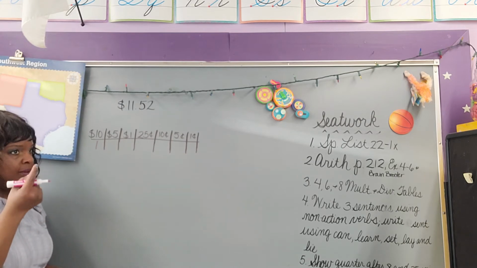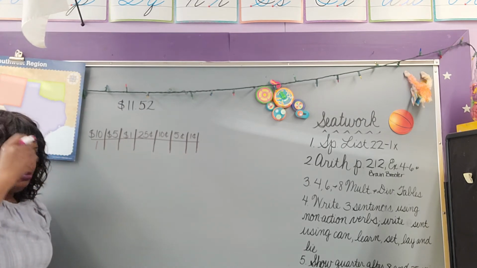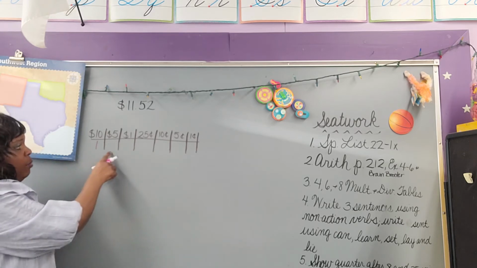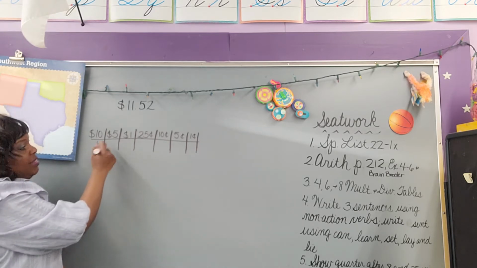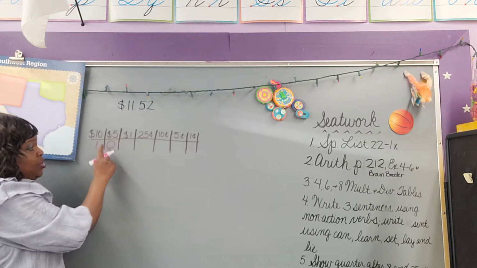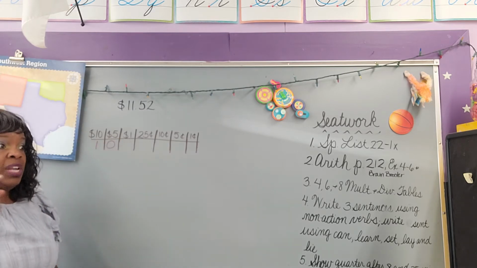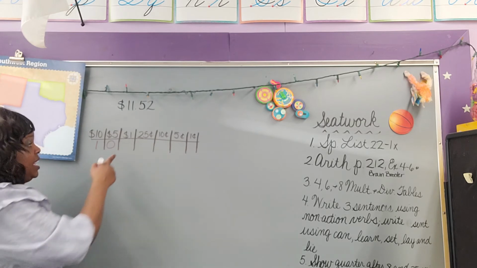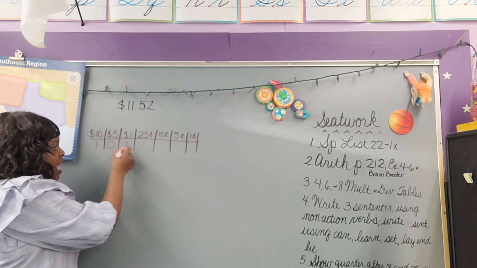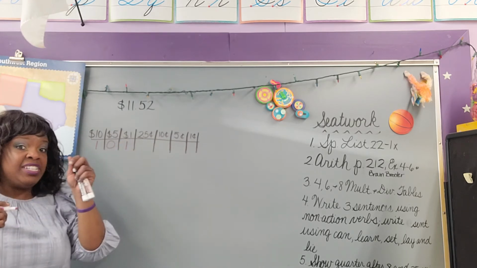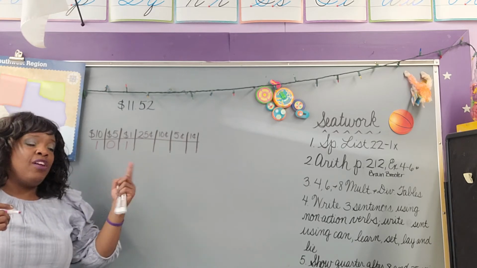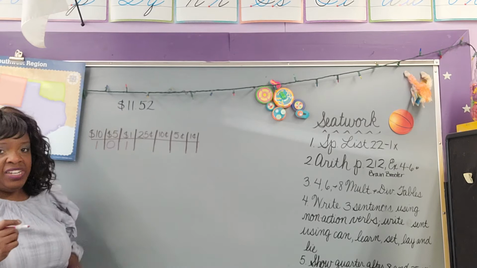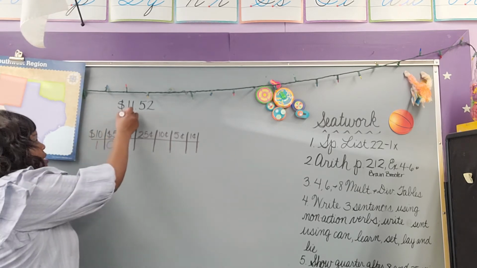It's only 1, so how many 5s is that away? No 5s. When I'm counting from 10 to 11, all I need is a $1 bill. So if I have a $10 bill with a $1 bill, that's going to give me my $11. Okay, so $11 is done.